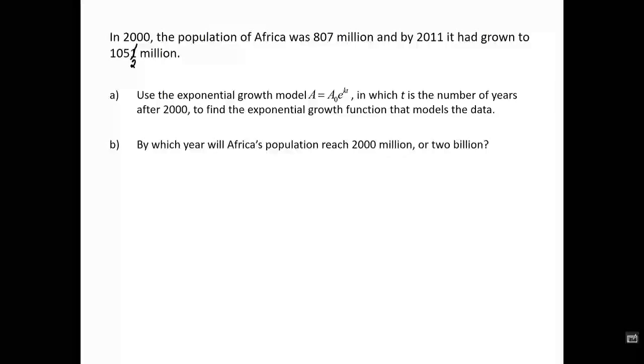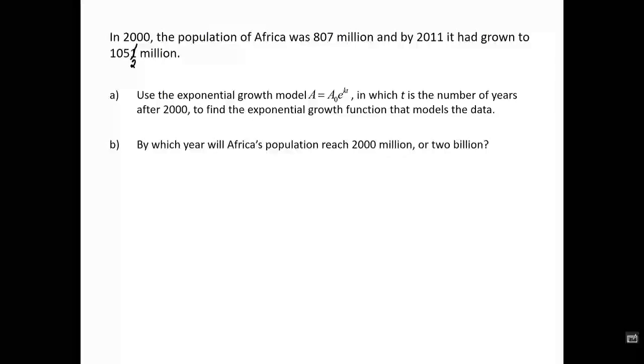We're going to use the exponential growth model A is equal to a sub 0 times e to the kt, in which t is the number of years after the year 2000. We're going to use this to find the exponential growth function that models the data.